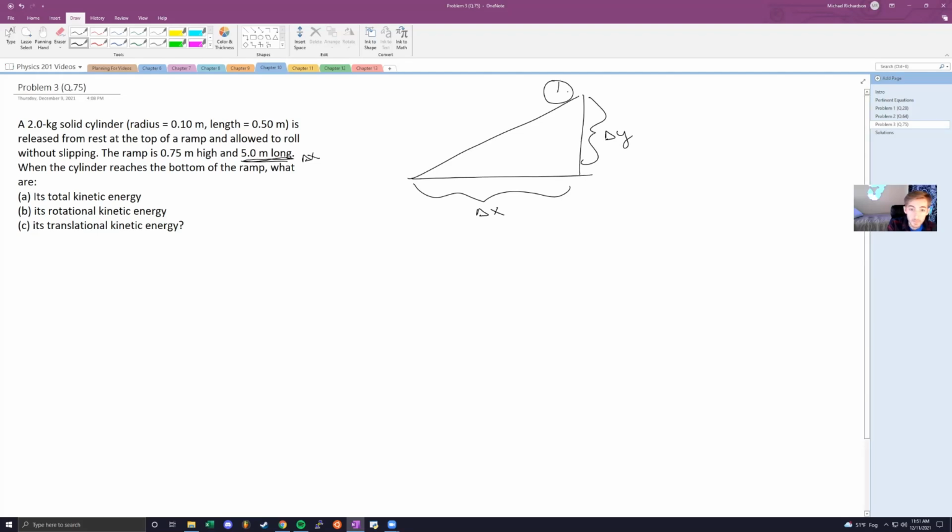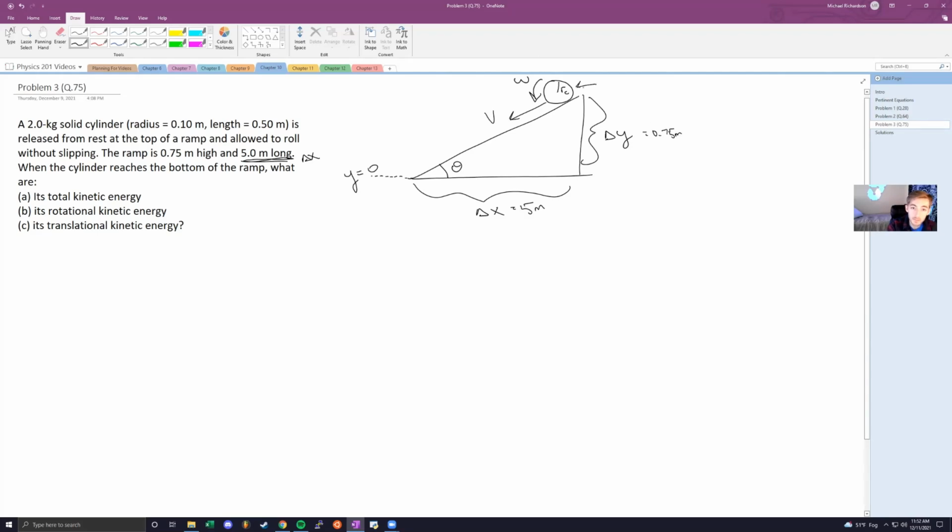It has its respective radius, call it r sub c, angular velocity, omega, and it also has some translational velocity. There's going to be some angle theta that this entire ramp is at. And for the sake of being able to use conservation of energy, at the bottom of the ramp, our y is going to be equal to 0. Okay. So this delta x is 5 meters. This delta y is 0.75 meters.